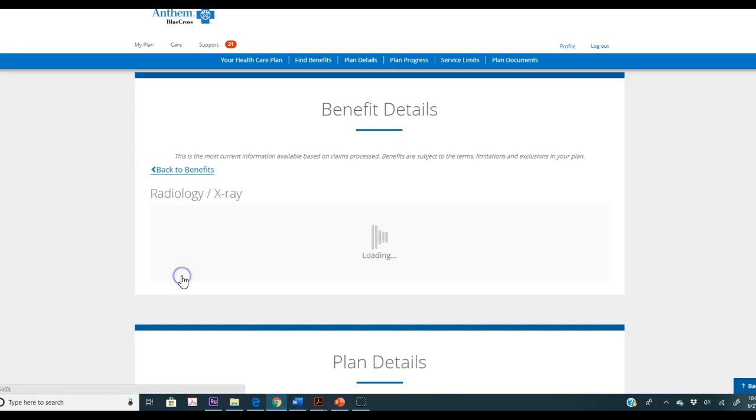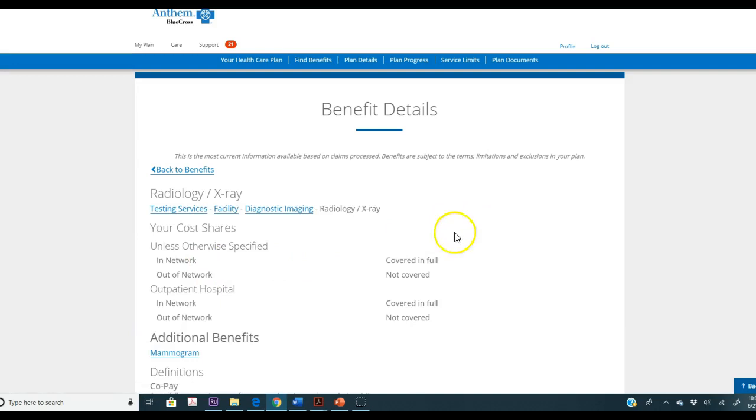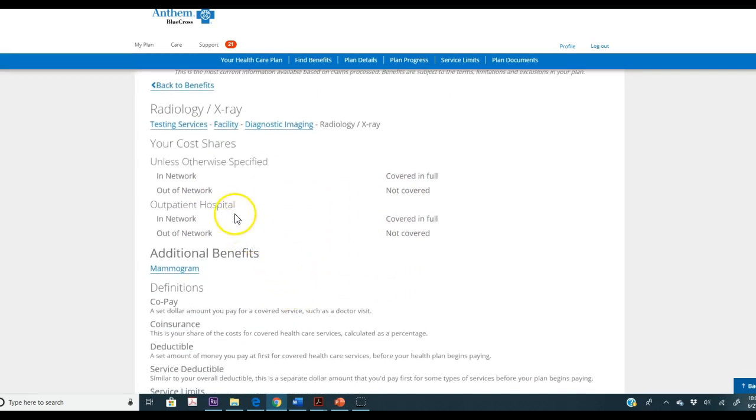So for radiology and x-ray, my share of the costs, if I use an in-network provider, is covered in full. If I go out of network, it's not covered at all. If I use an outpatient hospital, if it is in-network, I'm covered in full. If I use an out-of-network provider, then I'm not covered at all.